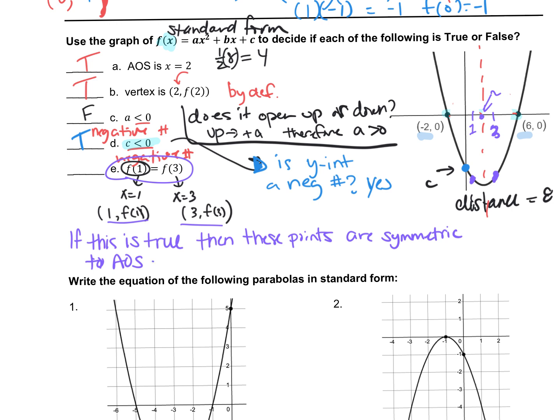Okay, so are x equals 1 and x equals 3 the same distance from 2, which is your axis of symmetry? And the answer is a resounding yes. You can see right here. This is the same distance from 1 to 2 and 3 to 2. So this has to be true.